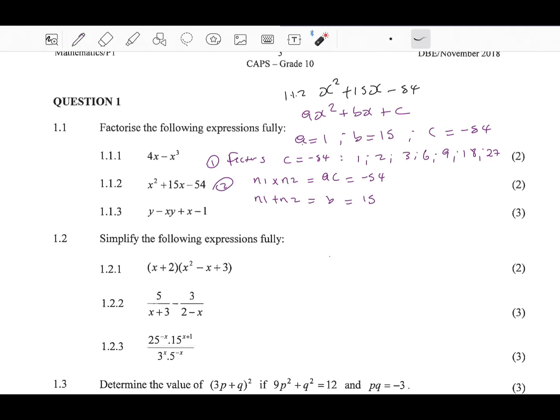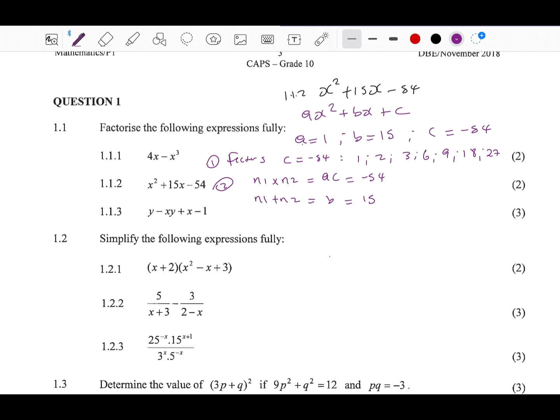So those two numbers are, if you look at these factors of 54, you see that negative 3 plus 18, or 18 minus 3, is actually 15, and negative 3 times 18 is negative 54. So if you add these two numbers, you get 15, and if you multiply them, you get negative 54.